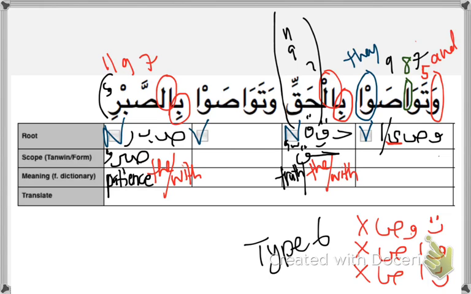And then you would need to find the form number in order to get the meaning of this word. Okay, you've got the roots, but it's not enough. You need to find the form number. So in order to find the form number, you would need to measure this verb. So you go to your verb scoper. When you go to your verb scoper, you need to measure.